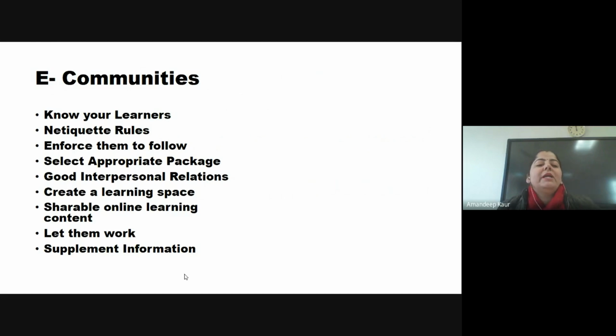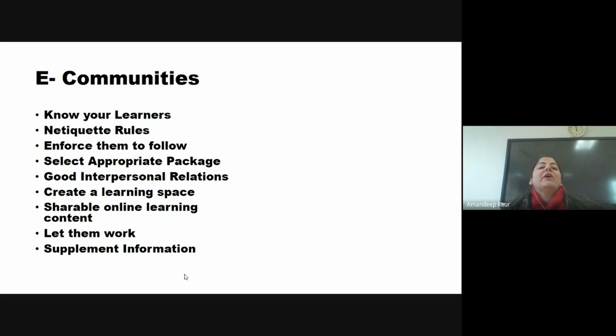Say, for example, in this particular short term course, if we fix a rule that every participant needs to switch on their videos and unmute themselves whenever the expert or the faculty engaging the session is calling, and you have to follow this particular rule to get certification of the course.